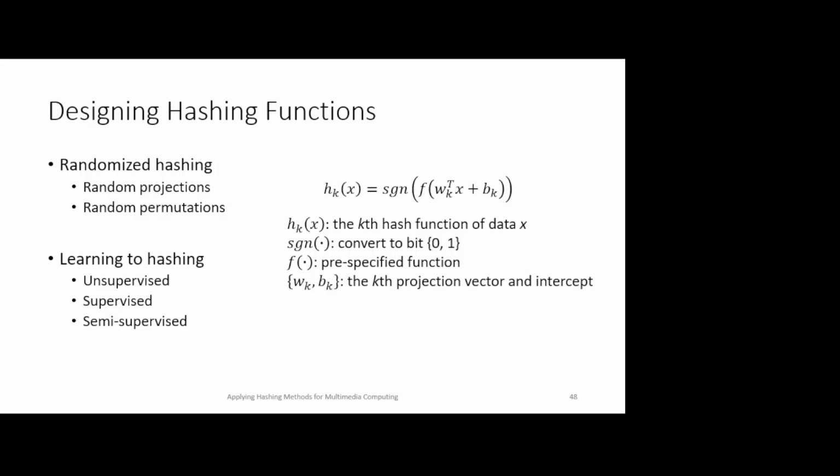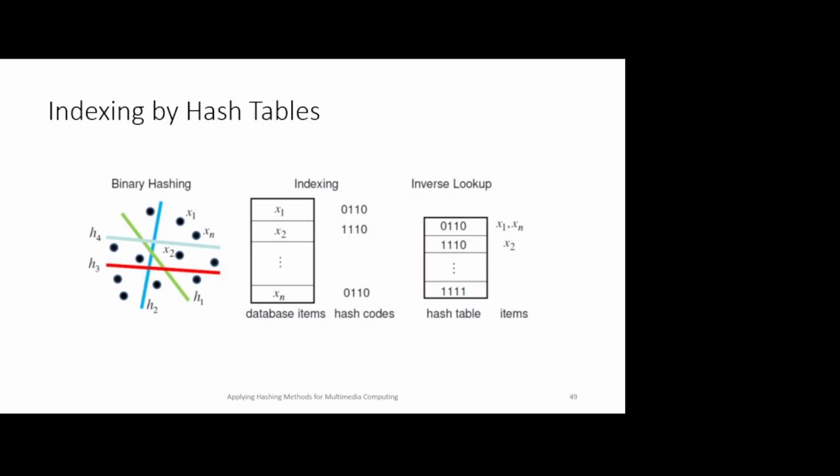But in some papers, they express the bit 0 as -1, because in some mathematical expressions it's easier to formulate with -1 rather than 0. In the end, -1 is turned into bit 0; it's the same meaning.